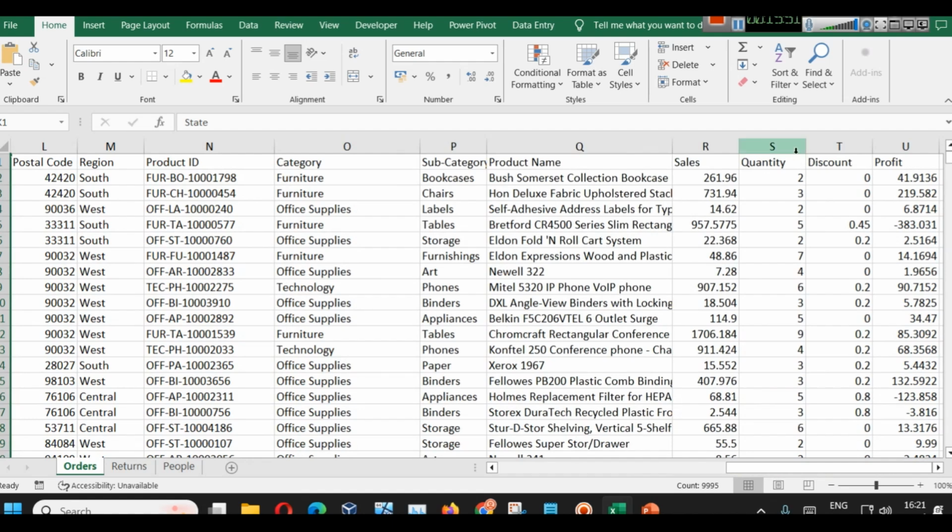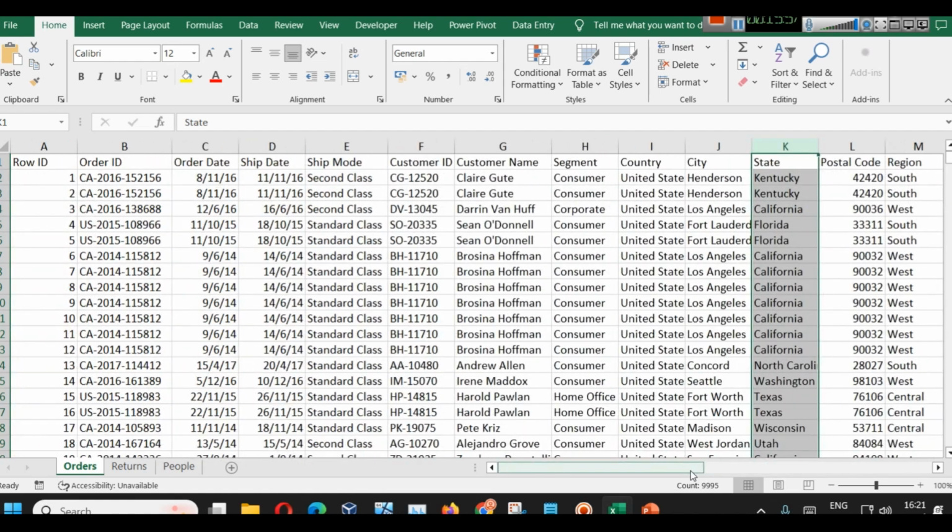So whenever you get a data set, you will get these kinds of values. So today we are first of all understanding data. Okay. Now we have close to 10,000 values, 10,000 rows I will say. And in those 10,000 rows, how many distinct or unique segments do we have?